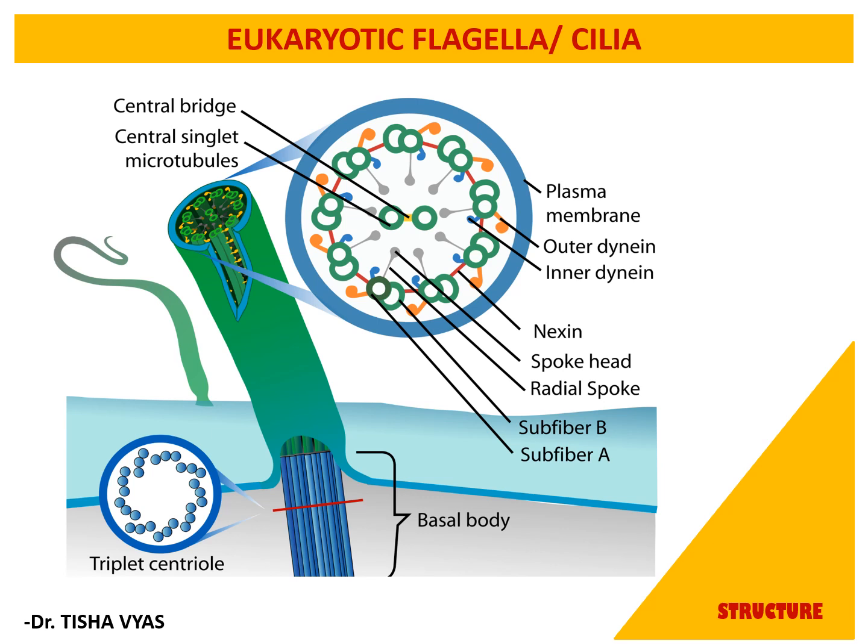Each peripheral fibril consists of 2 microtubules, also called the subfibers B and A. The subfiber A is slightly narrower. It bears 2 bent arms, the outer one having a hook.